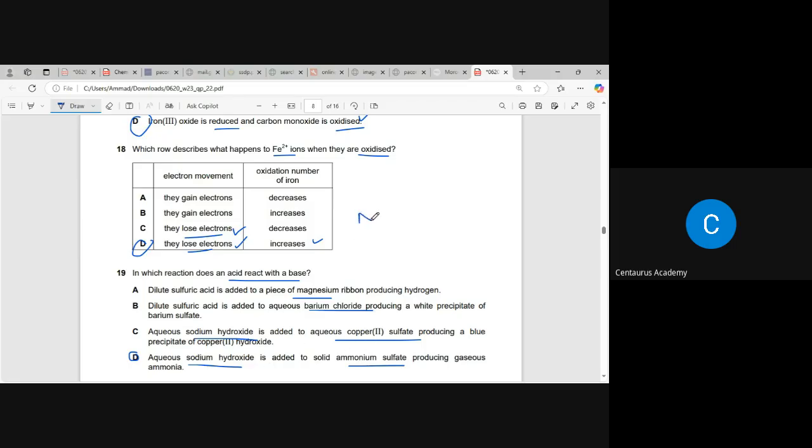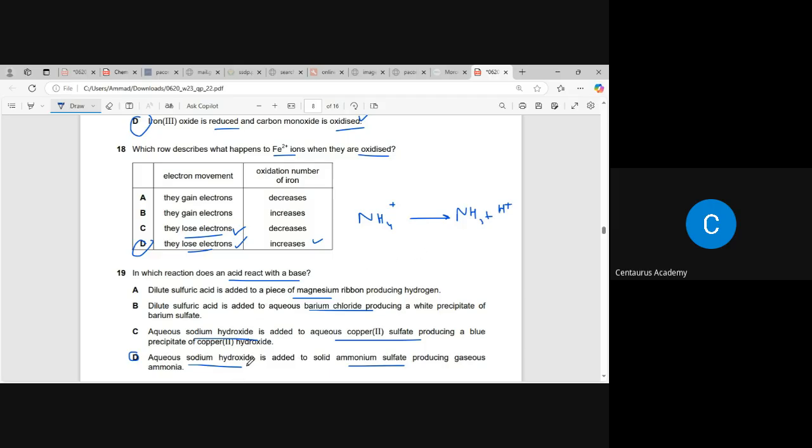Ammonium is losing, this is ammonium ion, it is converting into NH3 and hydrogens. Okay, this hydrogen then reacts with the hydroxide to produce water.